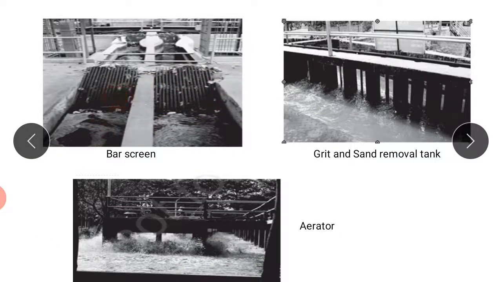Here is the bar screen, where bars are used so that all the floating materials can be filtered. What is the grit and sand removal tank?